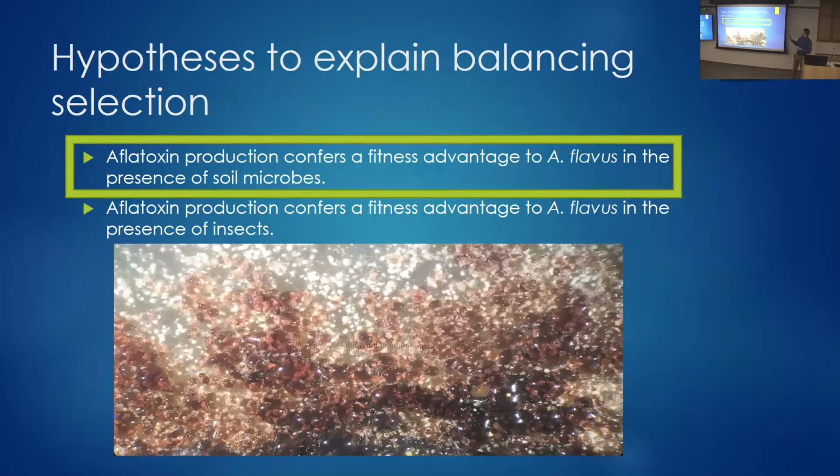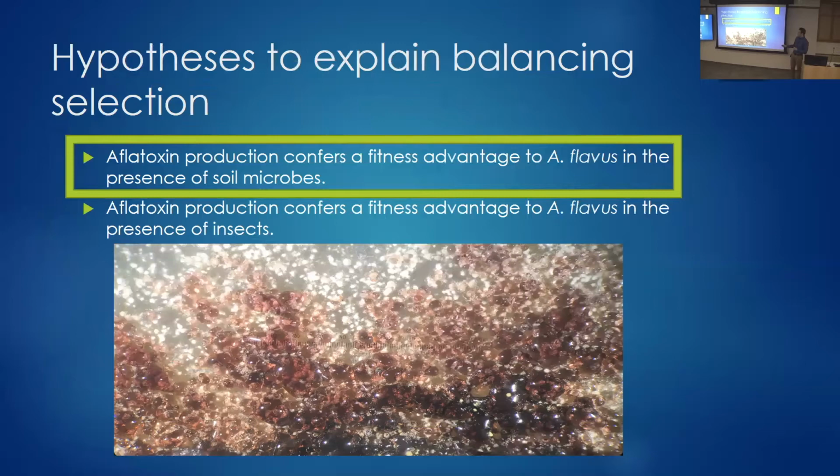And the flip side here is that in the absence of these organisms, so in the absence of soil microbes or in the absence of insects, we assume a cost. The production of aflatoxin takes energy, so we just assume a cost. So this is to say, while we're doing balancing selection, we're just doing one side of it with these hypotheses right now. I'll come back to that later.